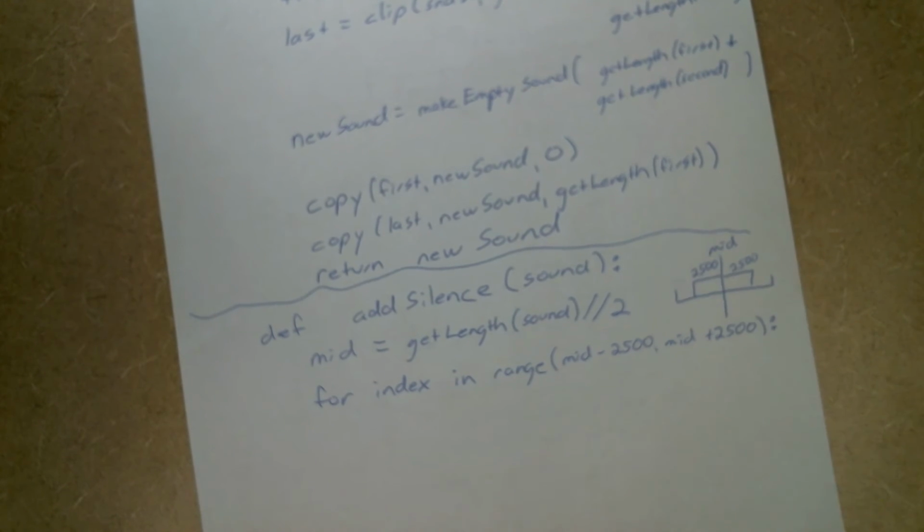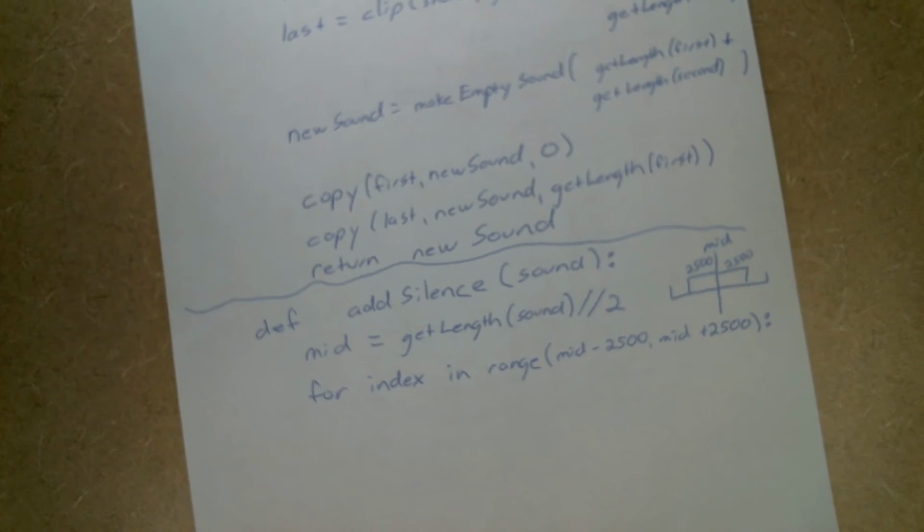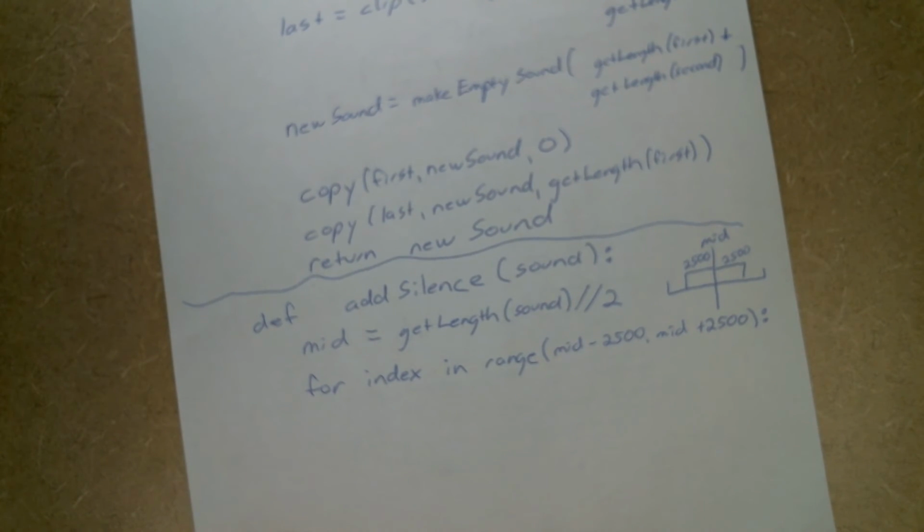Right, and my colon. Now, once I'm inside of that, I'm pretty much just setting everything to 0. So I don't need to do a get sample value at, because I'm not manipulating it. I'm not multiplying it by anything. I'm just setting everything to 0.